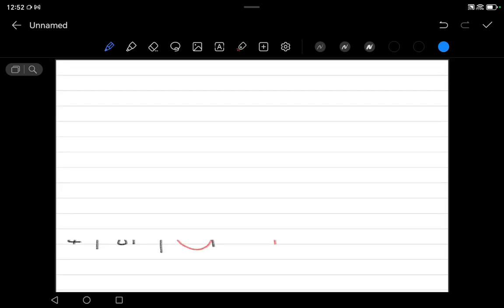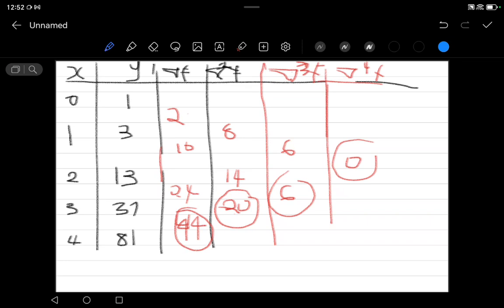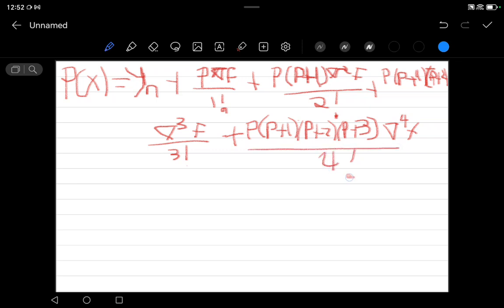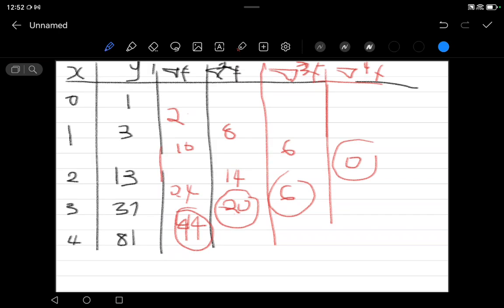So we're going to check where we stopped. We stopped at change to the power of 4. So plus p into p plus 1, p plus 2, p plus 3, and then to the power of 4f over 4 factorial. That's where we're going to stop, because we stop at change to the power of 4f for the backward.